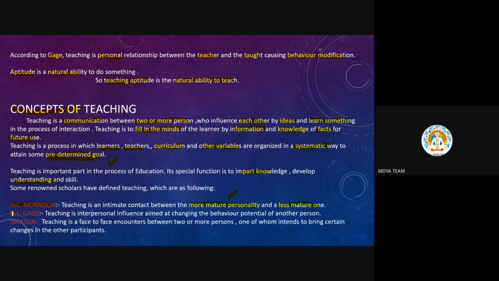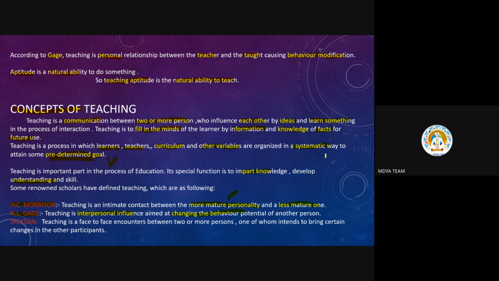Anil Gage said that teaching is interpersonal. This is also a previous year question: teaching is a relationship between teacher and the learner, and the options are personal, professional. You will see this type of options. So teaching is always an interpersonal influence aimed at changing the behavior potential of another person.